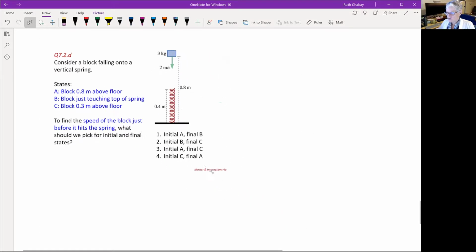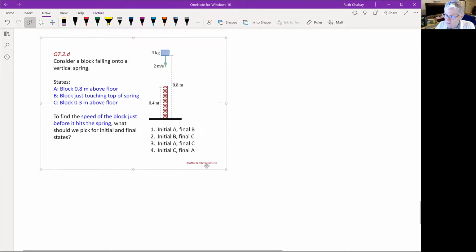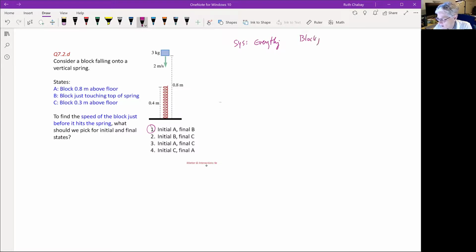So let's just see how we'd set this up. So indeed we want that. The system is everything here. So this is the block, the spring, and the earth.